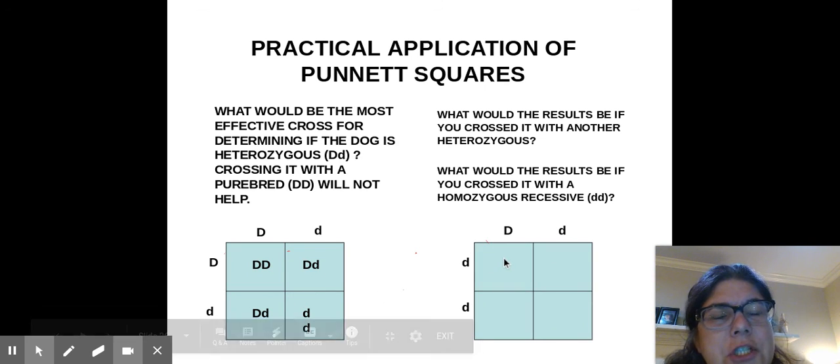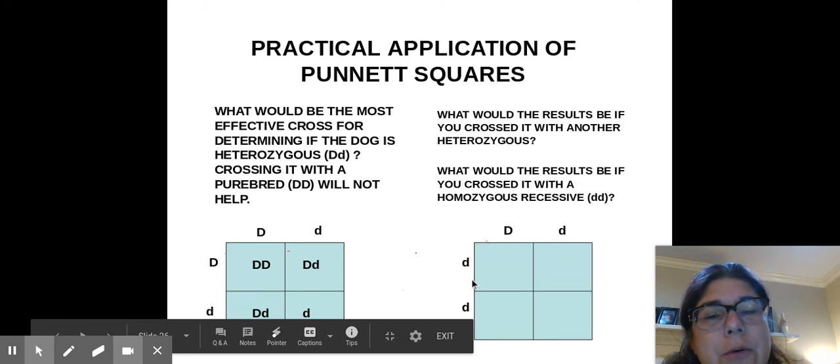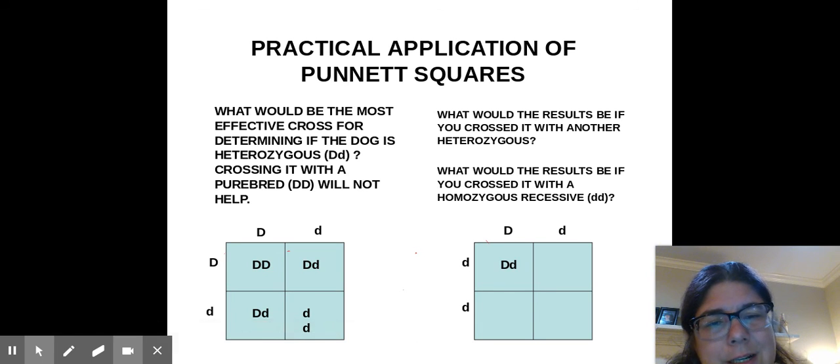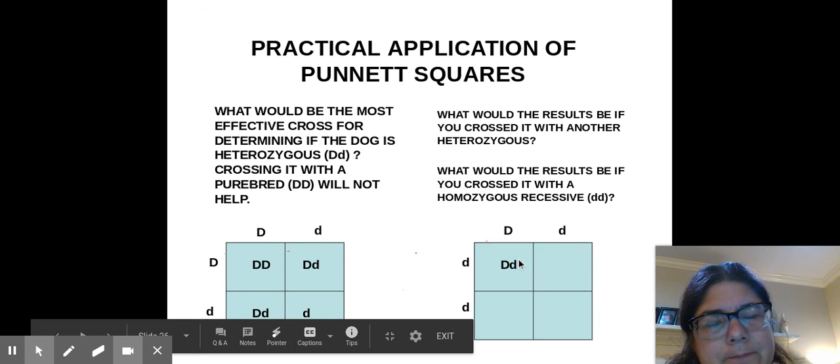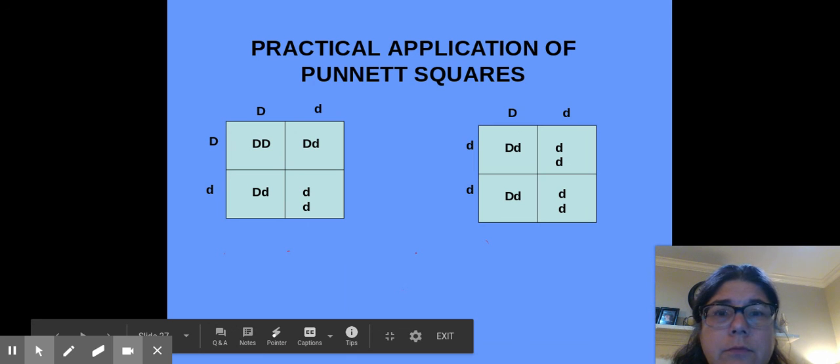Now, if we would do a homozygous recessive, one that was dwarf, that we could see for sure was short, we would know their allele combination here. And if we were to complete the Punnett square and fill them in, we have big D, big D, big D, little d, and little d, big D, and then another little d, 50% would be dwarf, and 50%, 2 out of 4, would be tall.